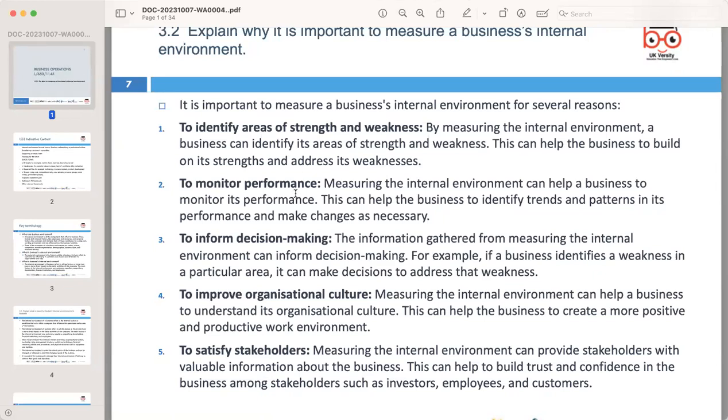Information gathering informs decision making, helping address identified weaknesses. Improve organizational culture. Understanding culture promotes a more positive and productive work environment. Then satisfy stakeholders. It provides valuable information to stakeholders, building trust and confidence.